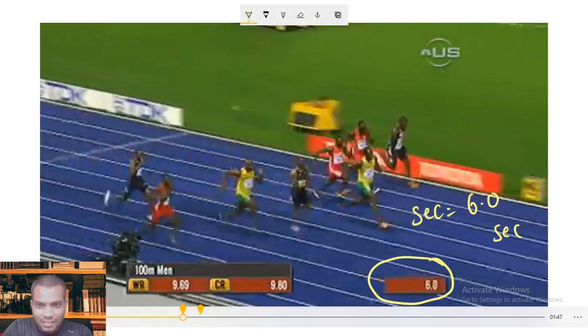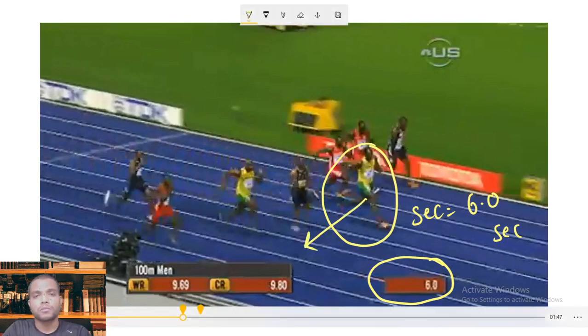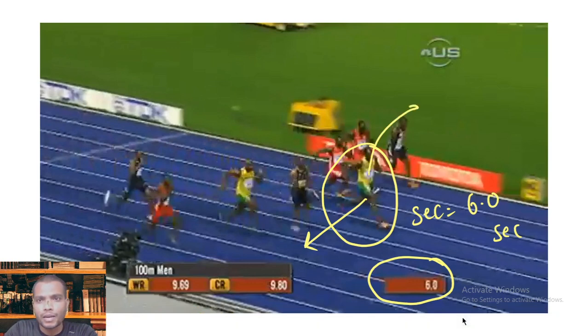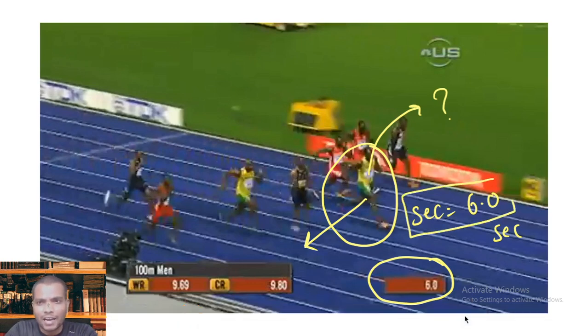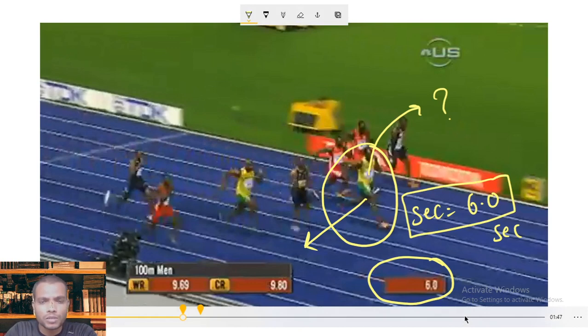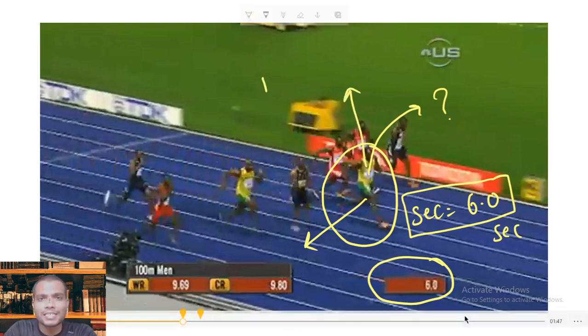At this time I want to know what is the velocity of Usain Bolt at this second, at this time. What is the velocity of Usain Bolt? How can we calculate that? Still it is running, but at this second I want to calculate the velocity of Usain Bolt. That velocity we call instantaneous velocity.